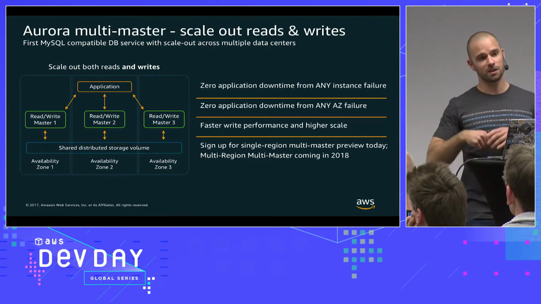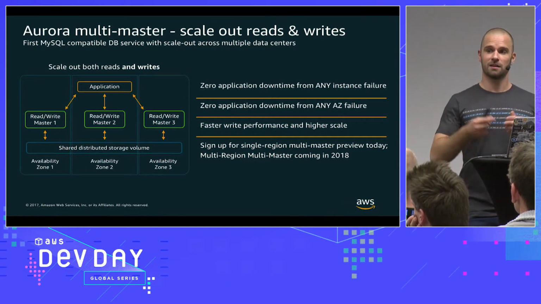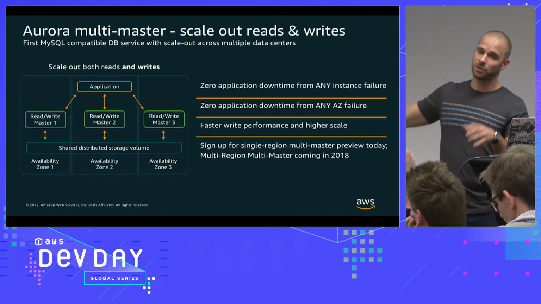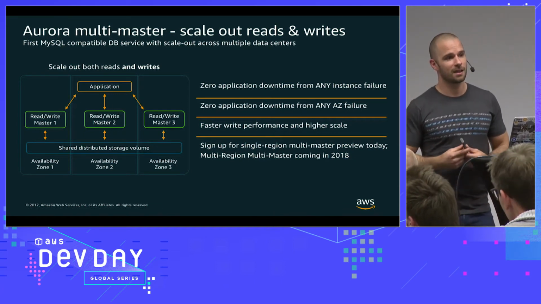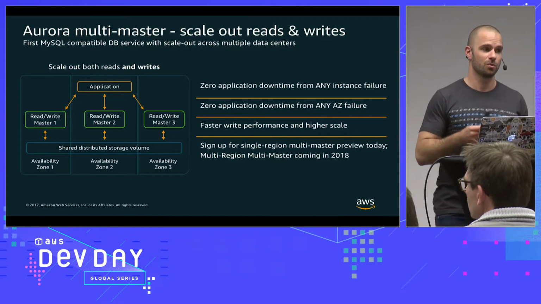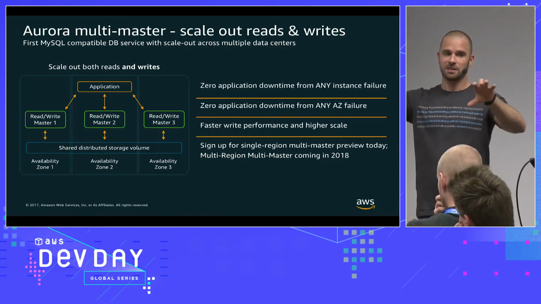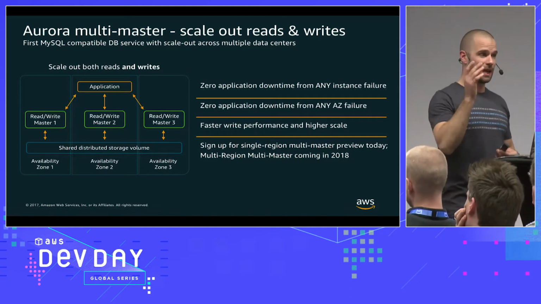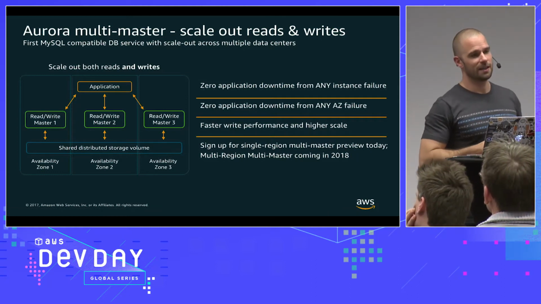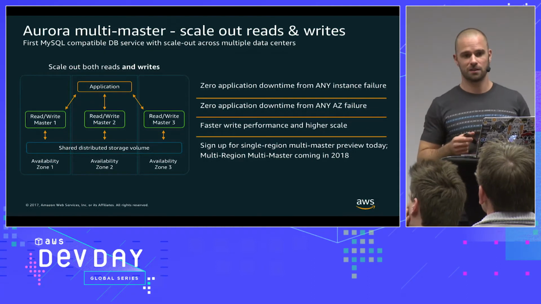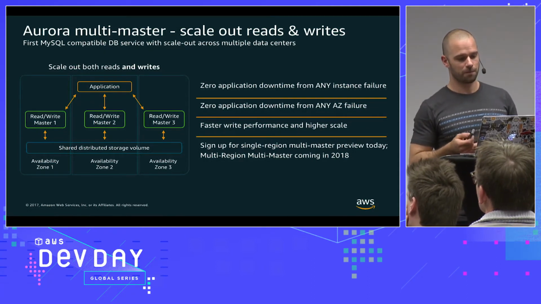Here we're using the Amazon network, and the service will manage all that for you. We'll replicate masters at the beginning to different AZs, so you will have multi-masters in different AZs, which you can hammer with reads and writes, and also reads across all your AZs.